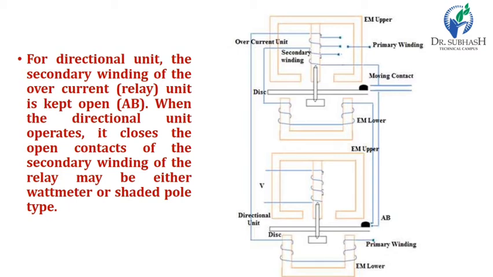So you can see here AB is closed when the necessary condition happens. If the overcurrent unit part rotates reversely, AB will close the directional unit.